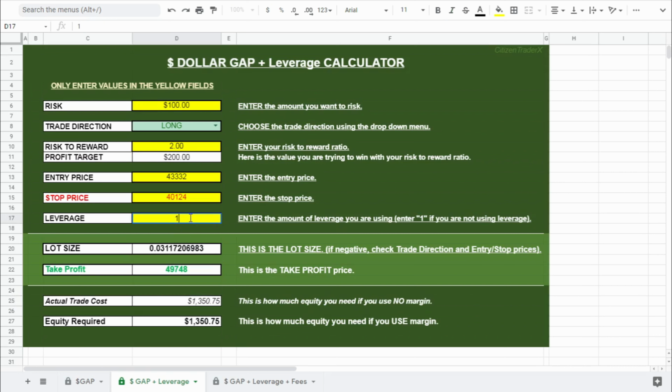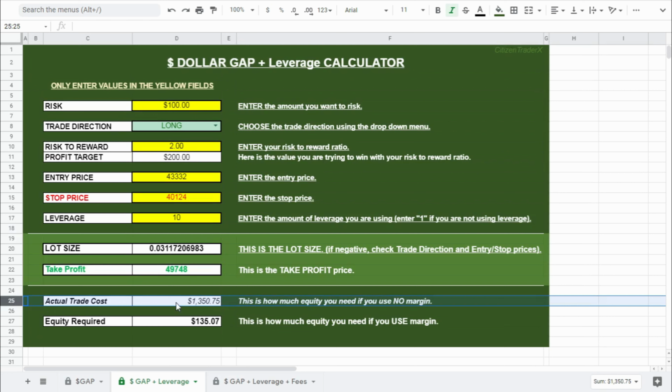Now, if your broker lets you do 10x, now things change. Basically this is saying that they're giving you 10 times the equity that you have. So the cost of the trade remains the same.